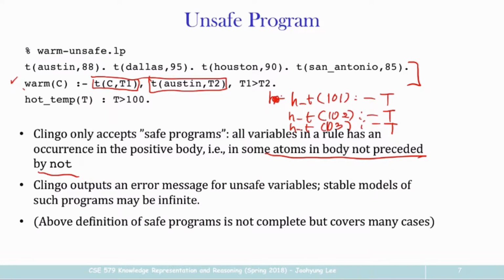So this rule is actually safe, because all the variables that occur in this rule occur in at least one of these atoms. Even for the third rule, we have positive values. In the third rule, we don't have that atom. This is a comparison. Yeah. All right. Well, the definition is actually not complete, so you can be a bit more general, but let's not bother with this.